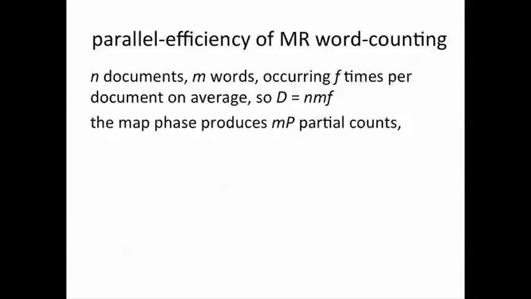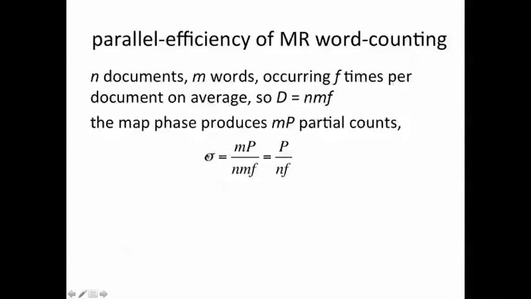Some mappers may not produce counts for words which don't occur there, but we don't worry about that. We assume that at worst there will be mp partial counts, which gives us sigma as the data after the map compared to the data before it, and there you get p over nf. Now you see the ratio n over p creeping in through the sigma. So the fact that you actually had a shrinkage of data will end up helping us.